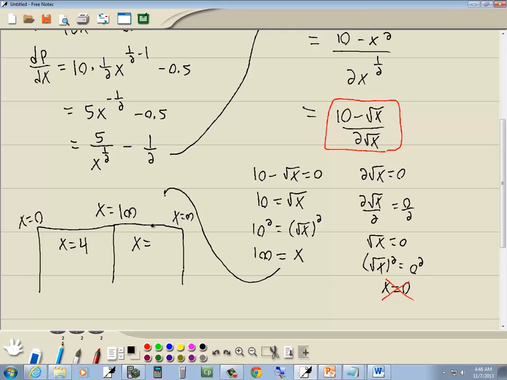Let's see, 11 times 11 is 121, so 121 would be good. And we'll plug those in. So we have 10 minus square root of 4 over 2 square root of 4. Square root of 4 is 2, so that's 10 minus 2, which is 8, over 2 times 2, which is 4. That's positive, so that's increasing.